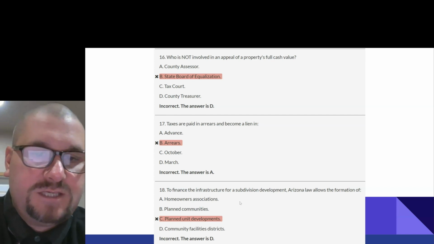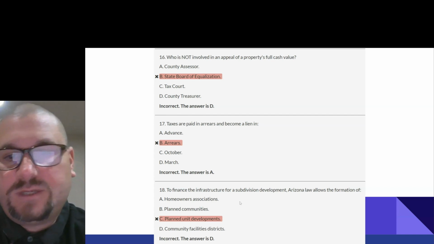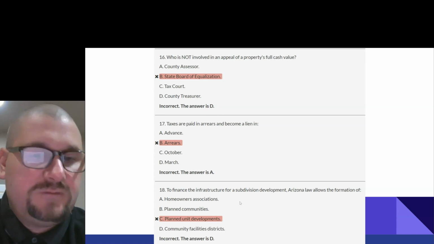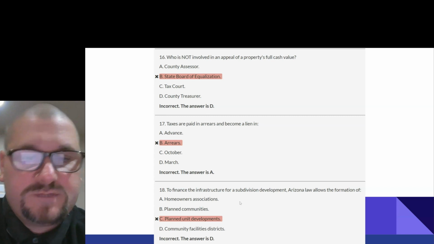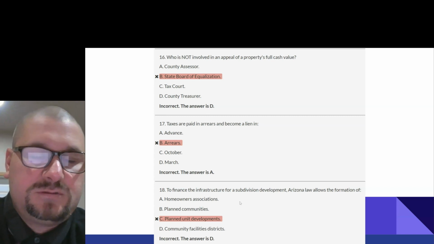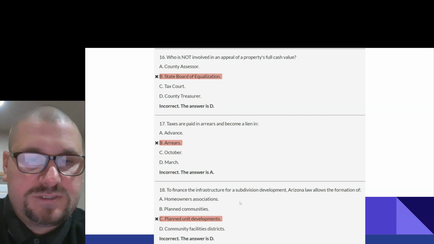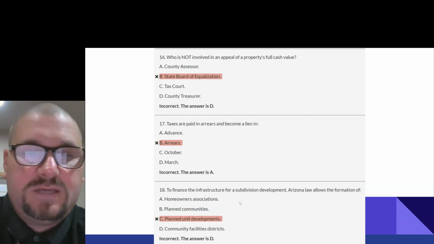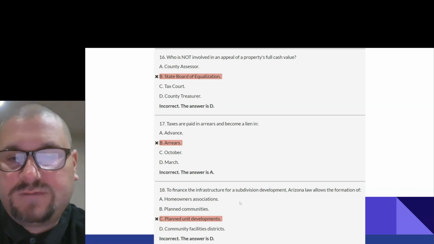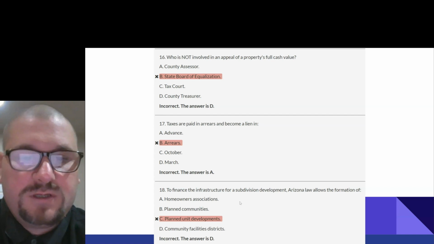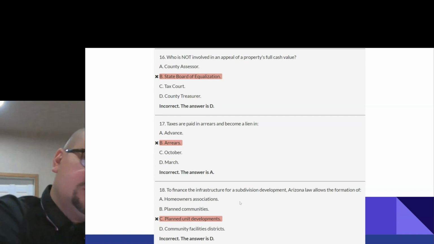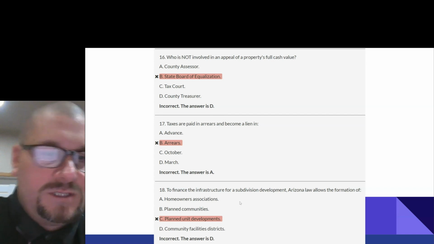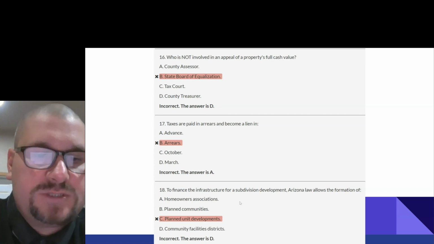So to finance the infrastructure for a subdivision development, Arizona law allows the formation of D, community facilities districts. Is it homeowner association? No. Planned communities? No. Planned unit development? No.